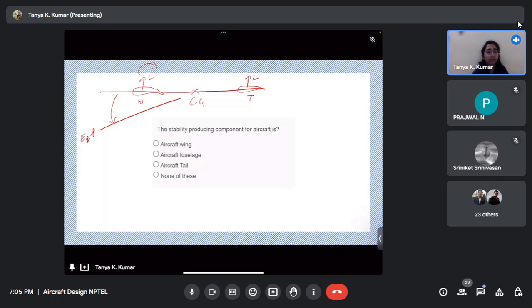What about the moment produced by the tail, clockwise or counterclockwise, about CG? Counterclockwise. So does that produce a restoring moment that brings the aircraft back to the equilibrium point? Yes.